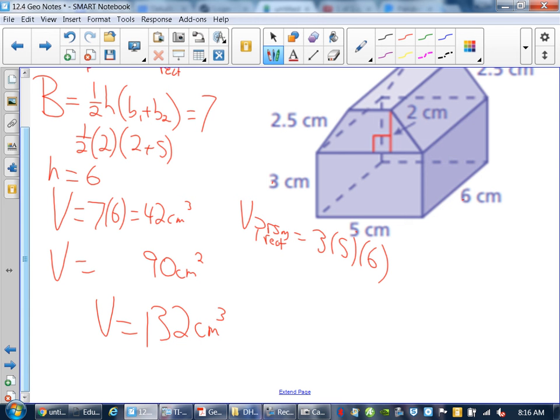132 cc's would be the displacement of that. I'm trying to think of what size engine that is. It's a small engine, like a weed whacker engine, maybe. 100 cc, somewhere in that neighborhood.